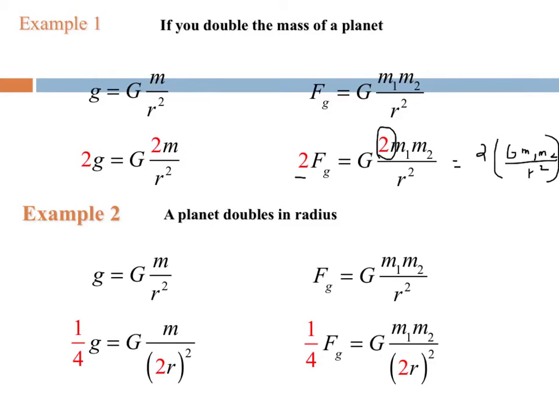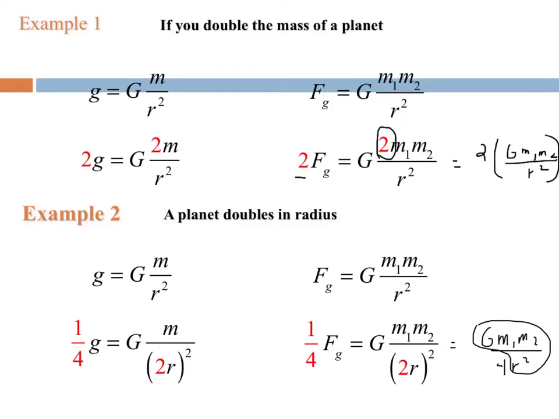The next example says a planet doubles in radius. Again, because of that squared, if I put a 2 in for the r, and remember the 2 times r is what's being squared, then what I get is g m1 m2 over 4r squared, or my original equation is being decreased by a factor of 4.